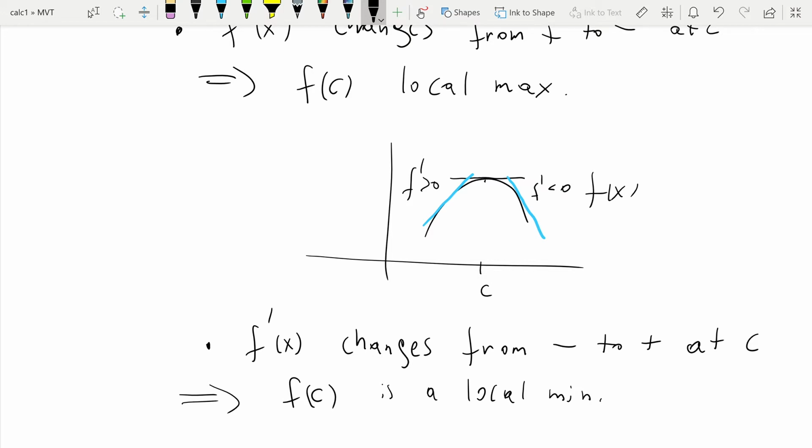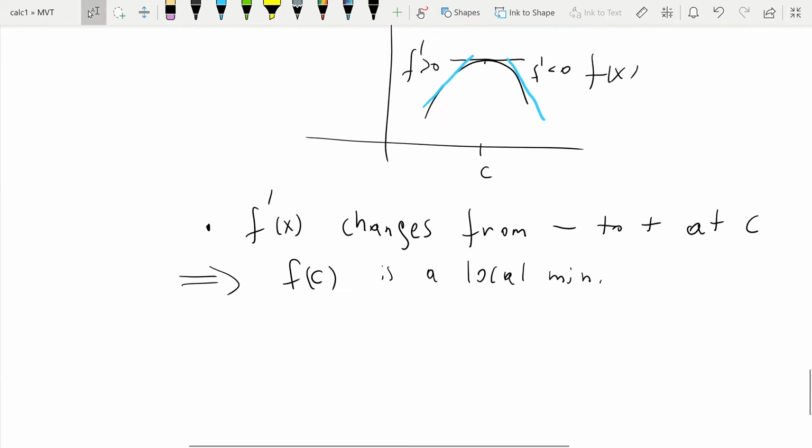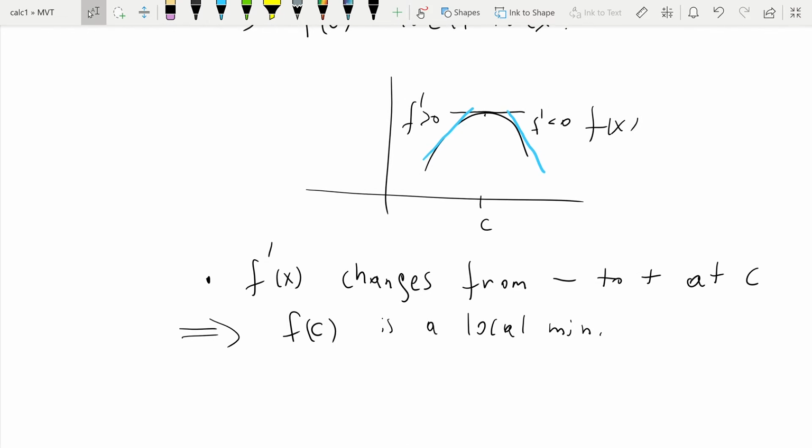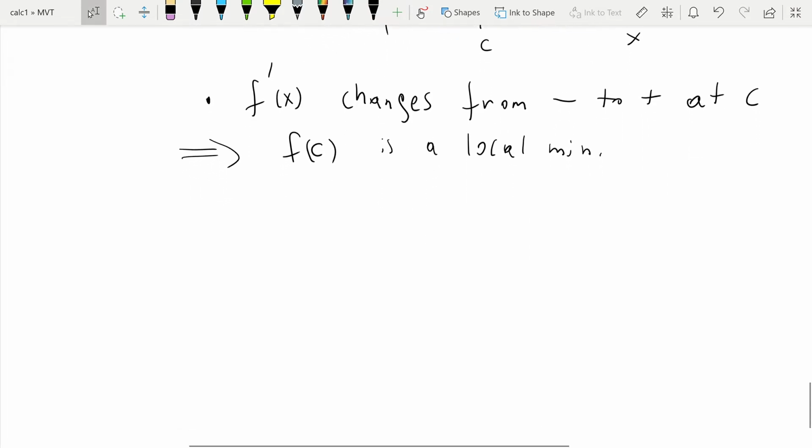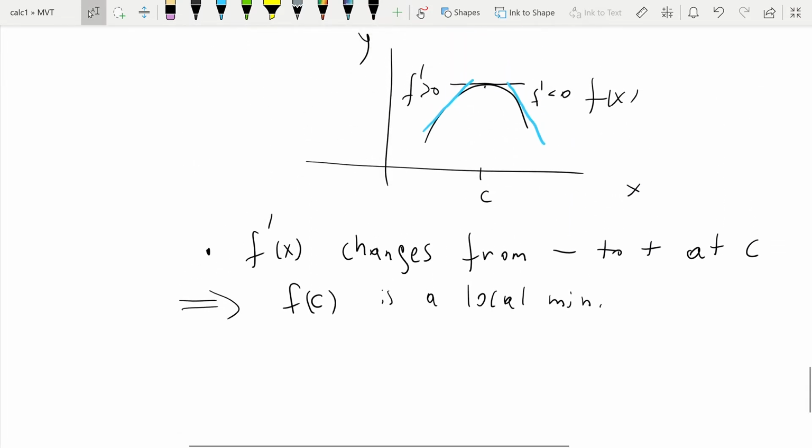In this situation the graph looks just like a mirror reflection about the x-axis of the graph above. And so this is the test.